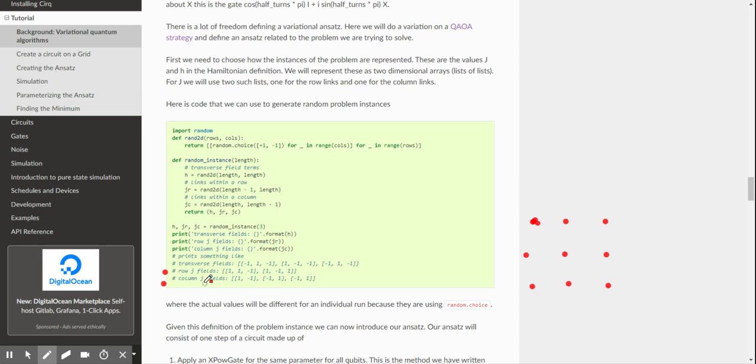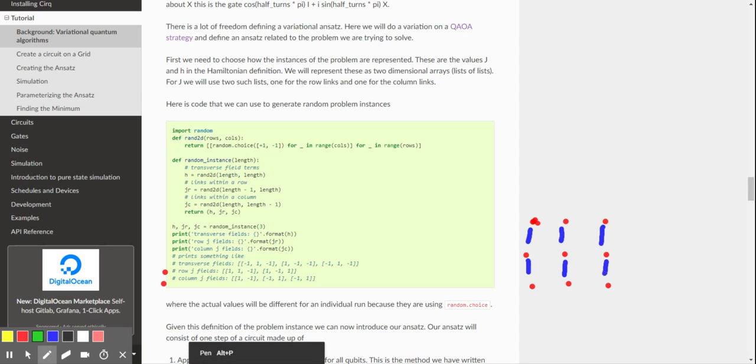So it's confusing me. The column J field seems fine, right? Because you've got 3 columns, and in each column you've got 2 interactions. So you've got this interaction and this interaction, this one, this one, and this one. That makes sense, that you're represented this way.